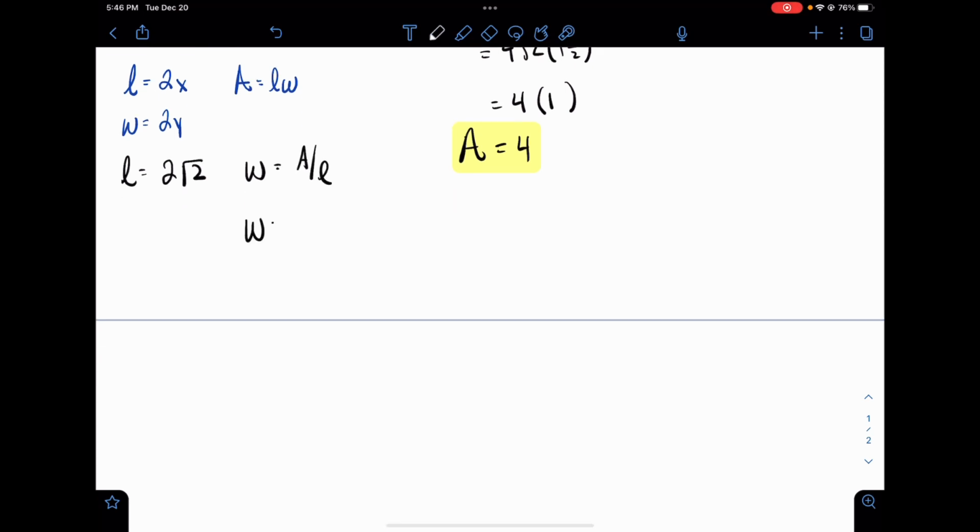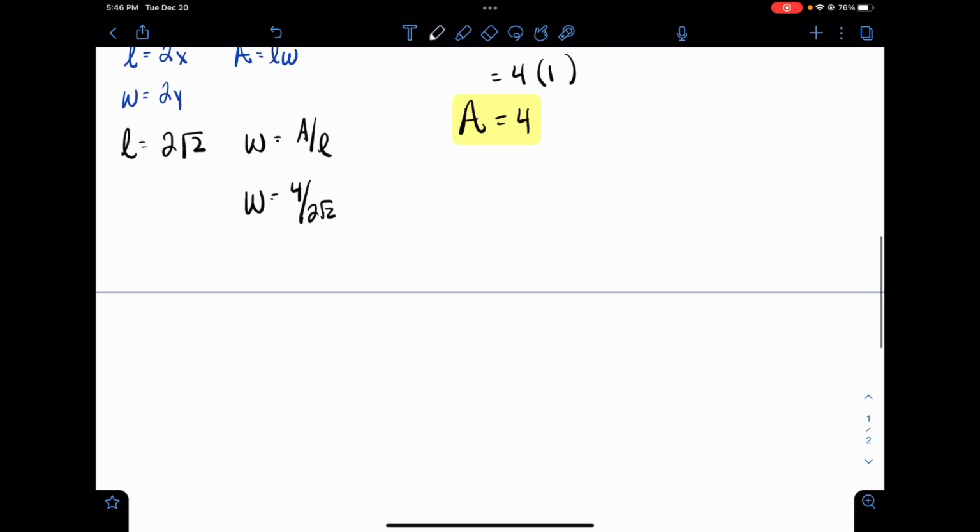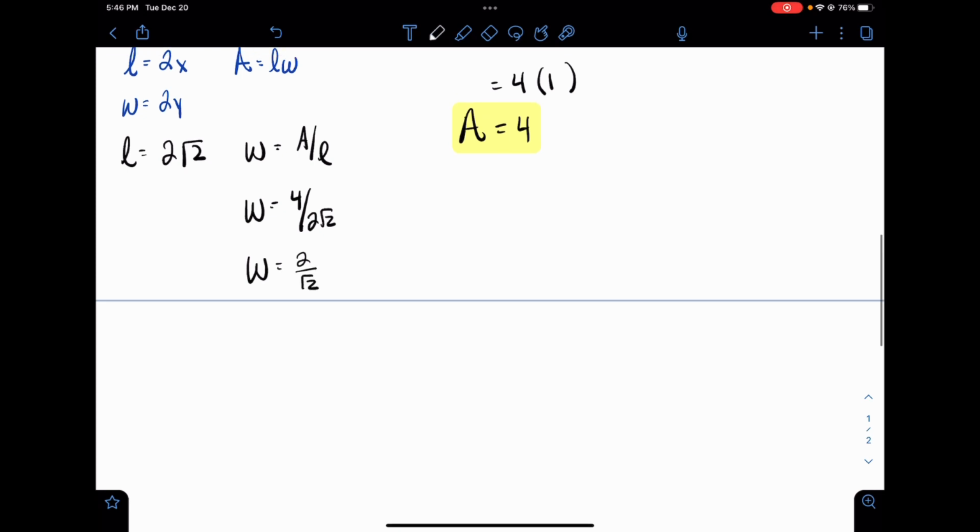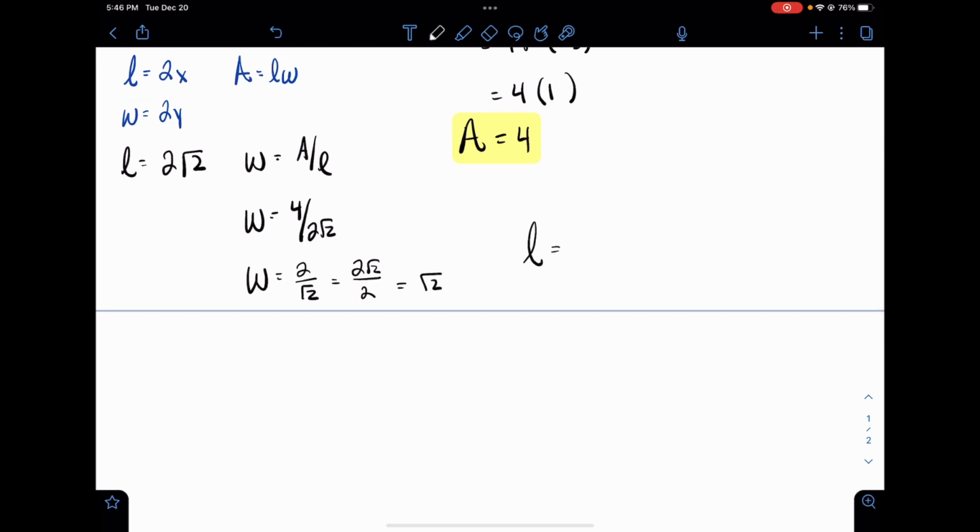So we have width equals 4 divided by 2 root 2, which equals 2 divided by root 2, which we can simplify and get 2 root 2 over 2, which equals root 2. So our final answers are length equals 2 root 2, width equals root 2.